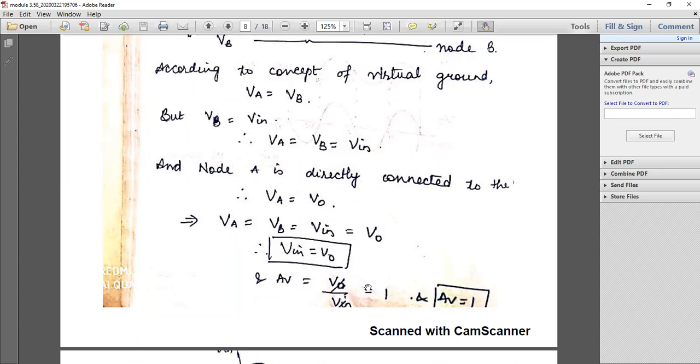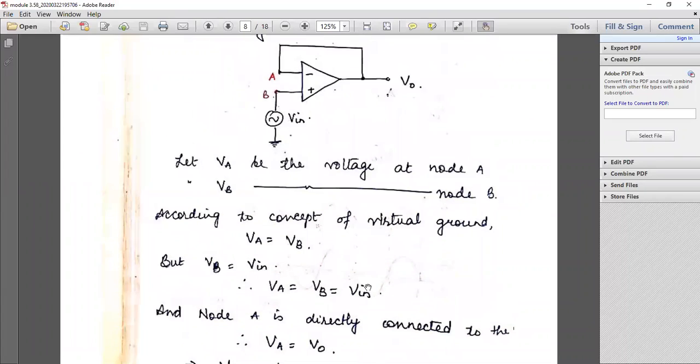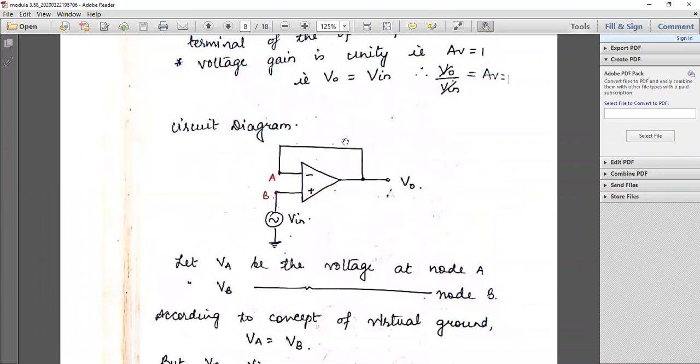So if the operational amplifier has AV equal to 1, that means it is working in buffer mode or voltage follower mode. Why? Because we are not connecting any feedback resistance in its feedback path, and also we keep in mind that to the positive terminal we are connecting the input. As we are connecting the input V in to the positive terminal, and the feedback path is connected directly to the output, that means we are making the op-amp make the two voltages appearing at input and output equal.